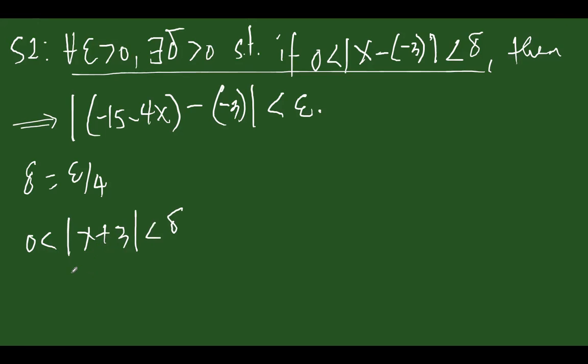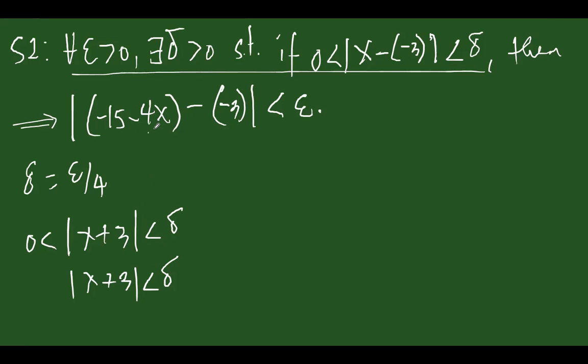So this becomes the absolute value of x plus 3 is less than delta. Again, we need to express this left-hand side in terms of the left-hand side of this inequality, so we have negative 15 minus 4x minus negative 3. How do we do that?